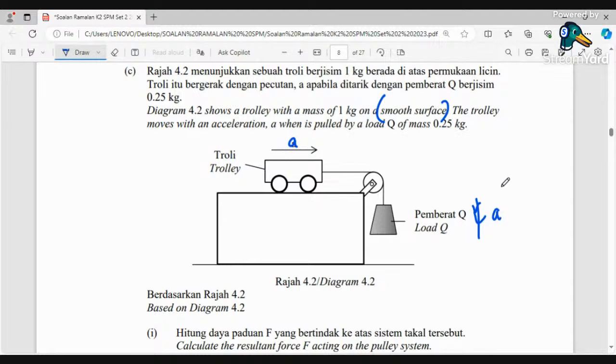So the resultant force is WQ, which equals mass of Q multiplied by g. g is 9.81. This is 1 kg, and this is 0.25.